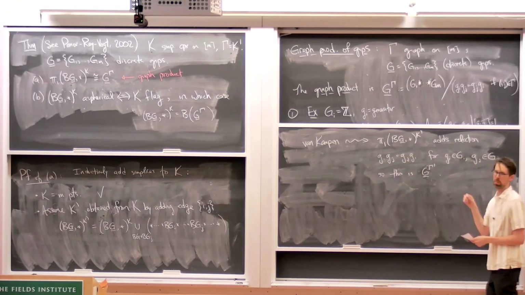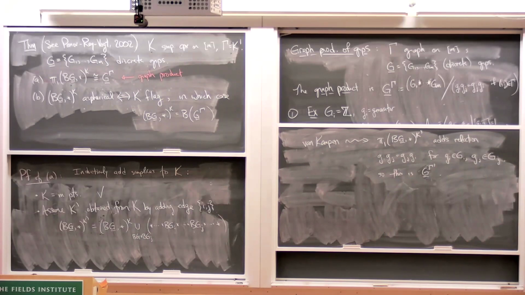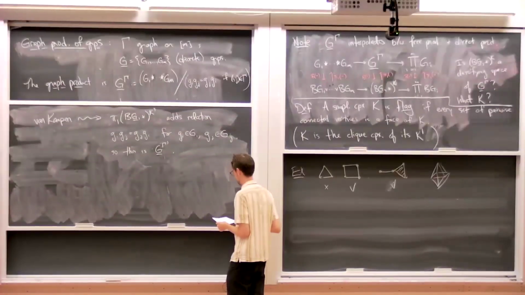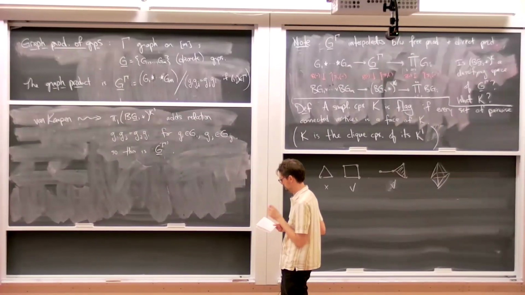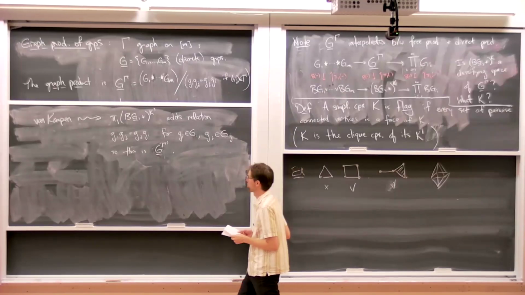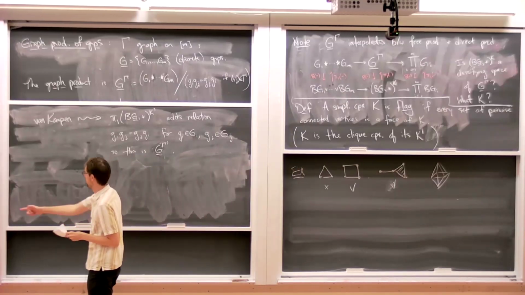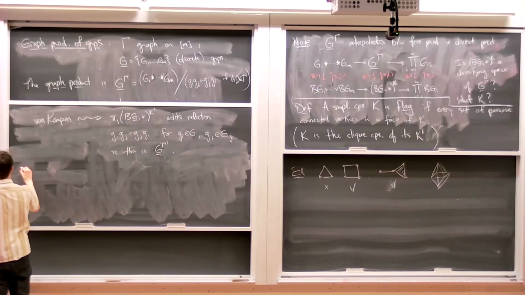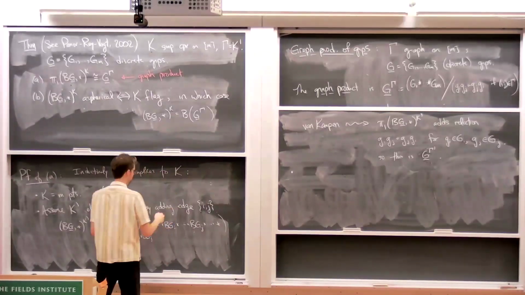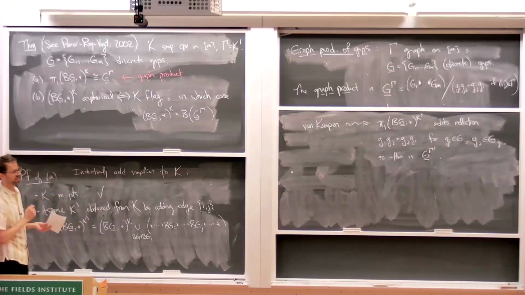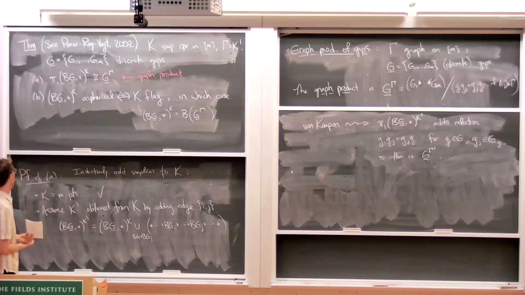Gamma prime being the one skeleton of this new simplicial complex K prime. Okay, and that's the hardest part, this little computation using the Van Kampen theorem. And then you just have to iterate this, right? You add more and more edges and the same thing happens. That just corresponds to introducing the right relations, giving you the right fundamental group.